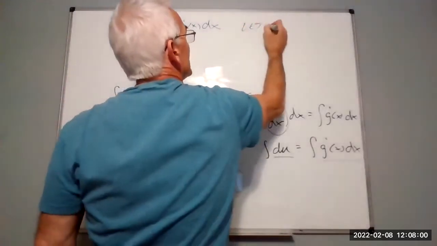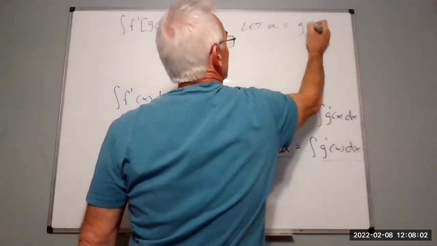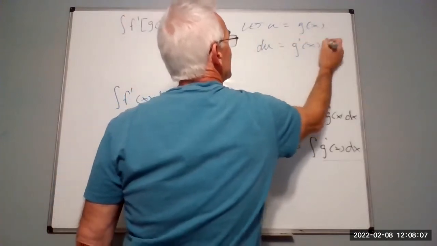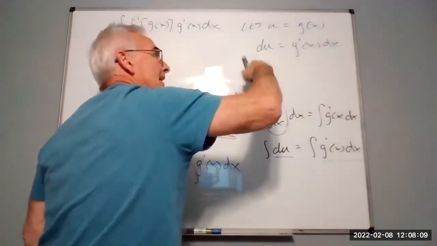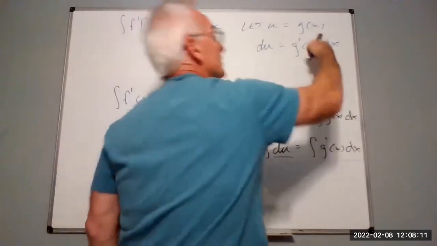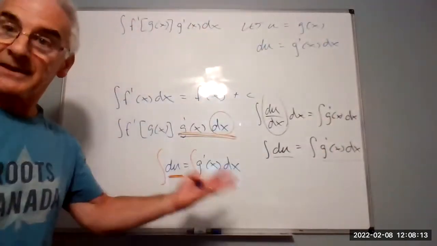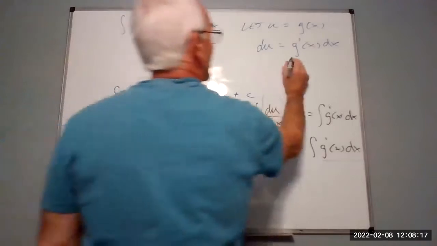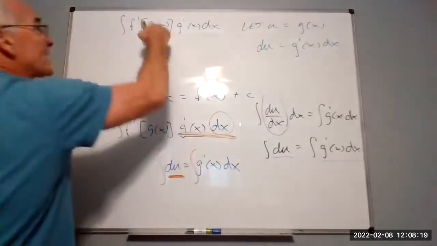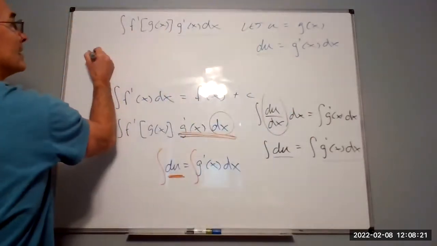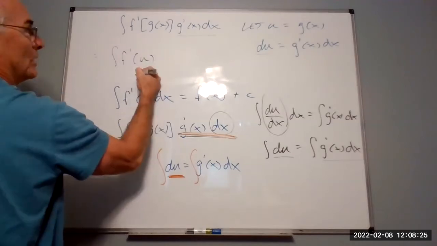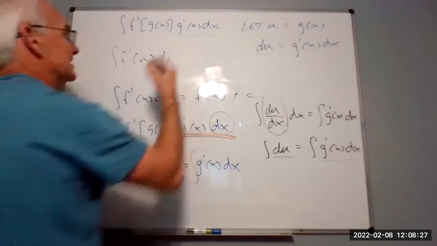And we said let u equal g of x, then the du is g prime of x dx. Du dx integrated with respect to x is the equivalent of g prime of x integrated with respect to x. So I am going to replace this instruction with this instruction when I replace this variable. So this is now the integral of f prime of u, and this is du.